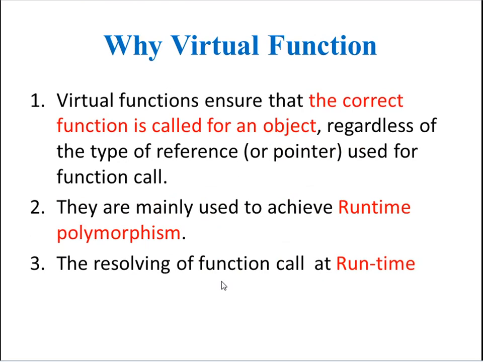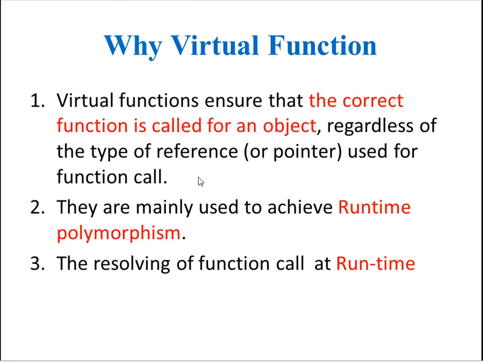Why is the virtual function important? A virtual function ensures that the correct function is called by an object. If we are not using the virtual keyword, the compiler will not access the correct function; it will always access the base class function. To avoid execution of the wrong function, we use the virtual function, regardless of the type of reference or pointer used for the function call.